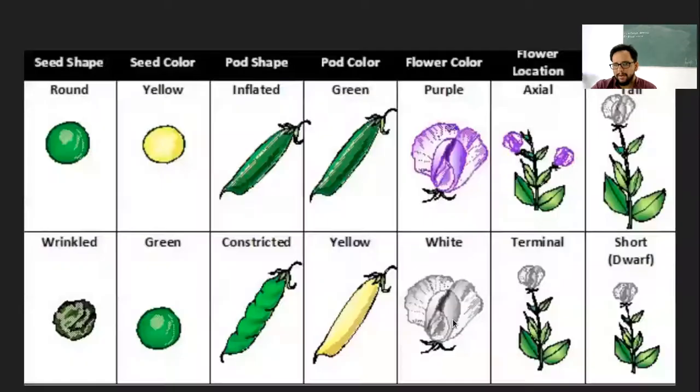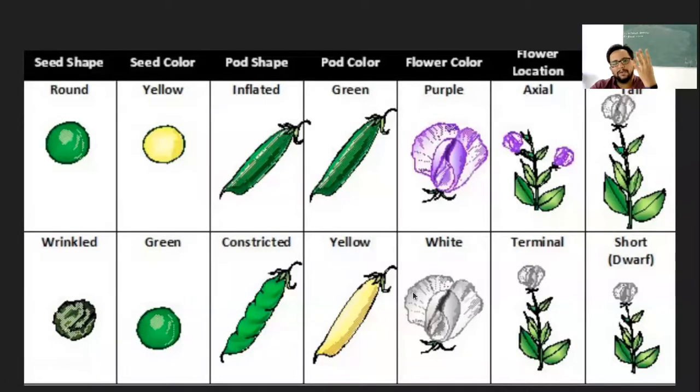Now, for example, again, let's take the same example of flower color, and I am also taking the example of seed color. These are the two different characteristics that I am studying. So, possible combinations are purple flower with yellow seed, purple flower with green seed, white flower with yellow seed, and white flower with green seed.